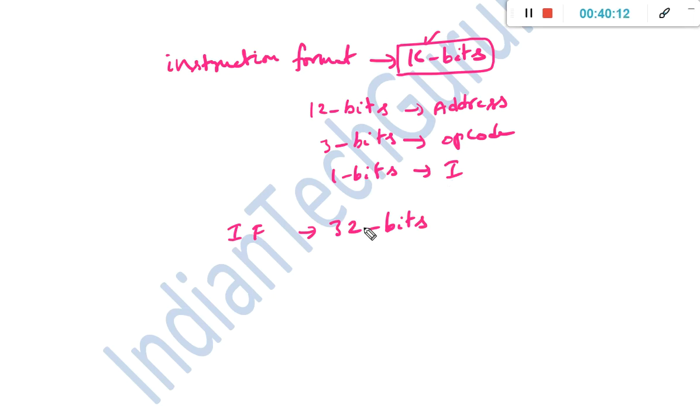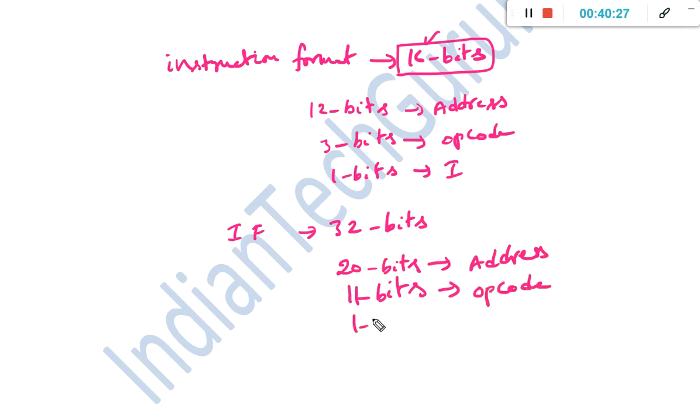For example, among these 32 bits, 20 bits may be given for address, another 11 bits may be given for operation code, and 1 bit may be given for the I bit. If 11 bits are given for the opcode, how many operations are possible? We can define around 2 power 11 operations. Such a huge number of operations we can define.